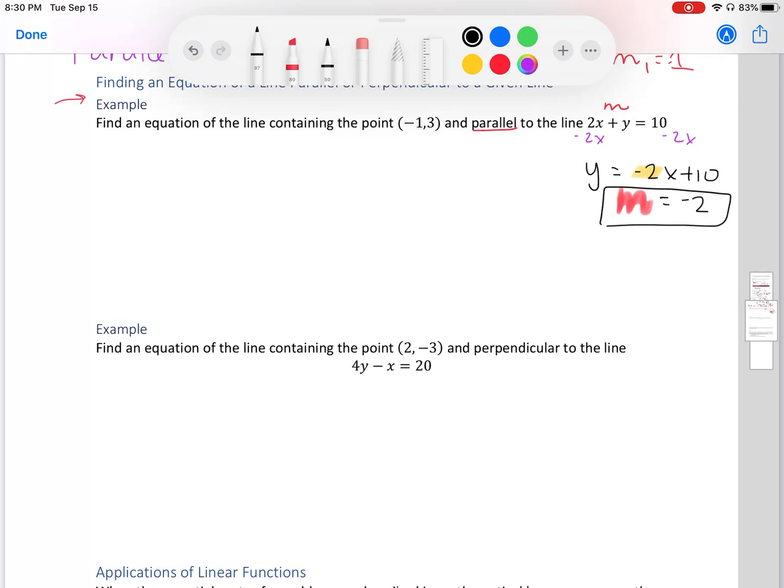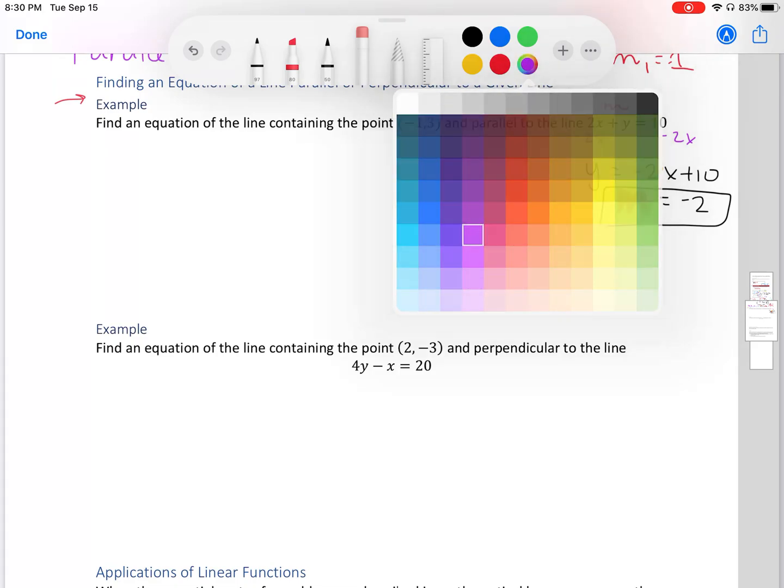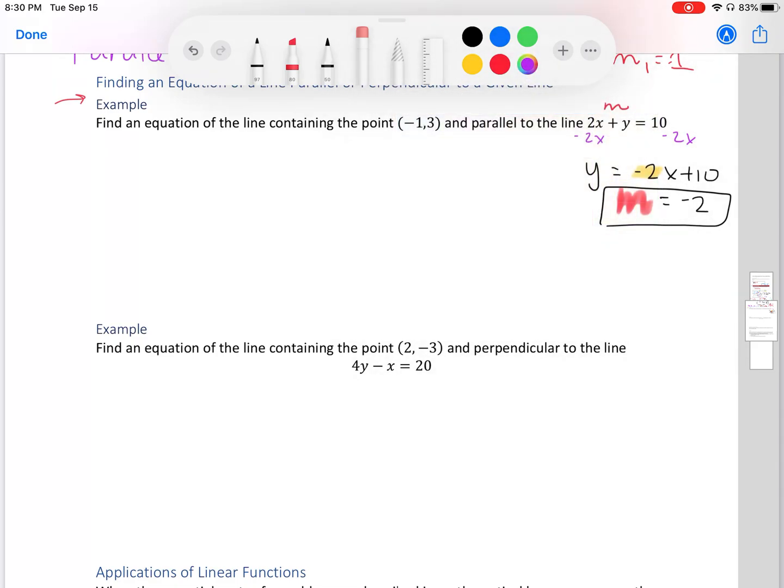Okay, now that we have our slope, we can manipulate it to answer our question. So our question is asking to find the equation of a line containing the point negative 1, 3 that is parallel. So I just need to steal that slope and use that point. All right, if I wish to use a point and a slope, then I use my point slope formula. So let's recall it.